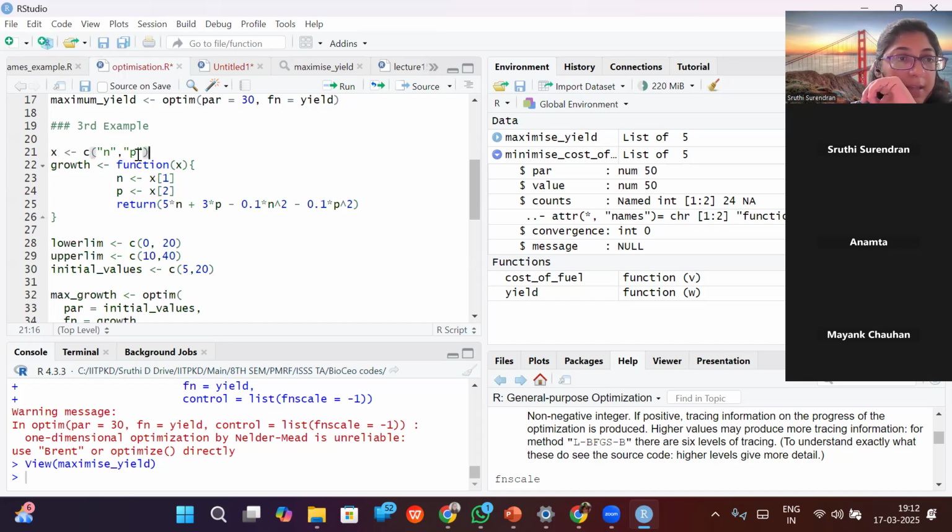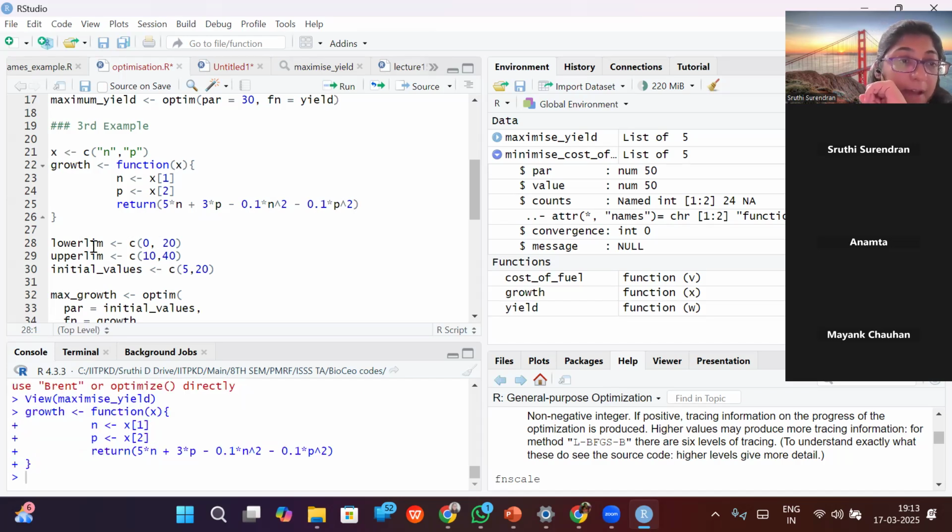So this is the quantity of nitrogen and phosphorus that require to be provided in this equation, and this function will be written in this form, that is function of x where first index is nitrogen, second index is phosphorus. So n is equal to the first element of this vector and p is equal to the second element of this vector, and the equation is equal to 5 into n plus 3 into p minus 0.1 into n square minus 0.1 into p square. So this is going to be our function.